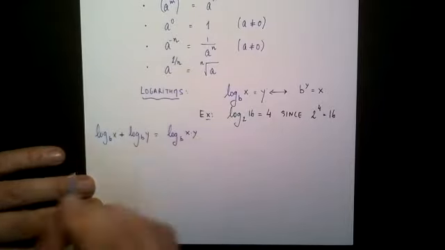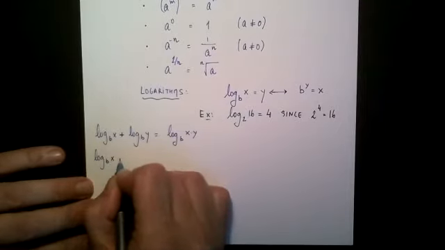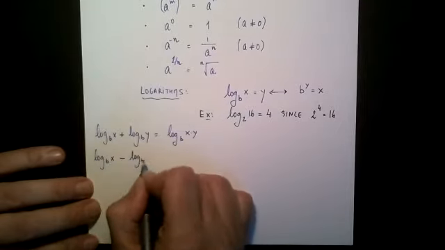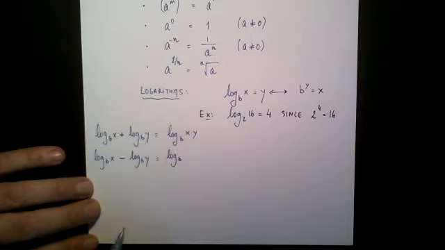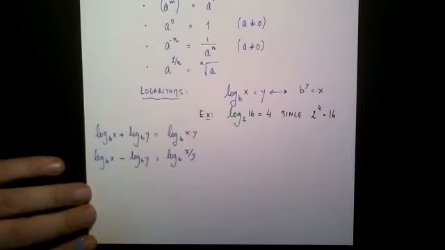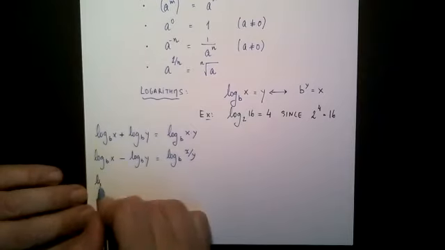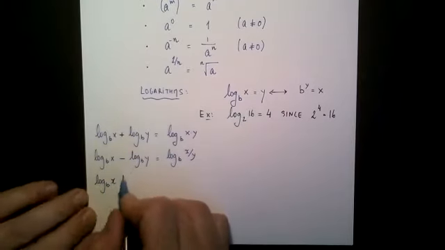Okay, and when we do log in base b of x minus log in base b of y, what do we get? Log in base b of x over y. Good. Then the log in base b of x to the power of a certain number a.